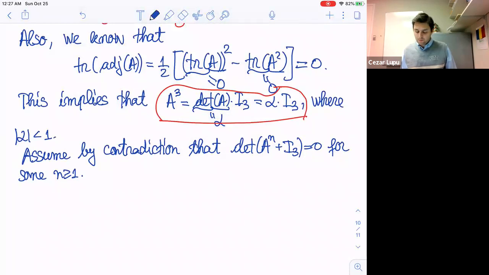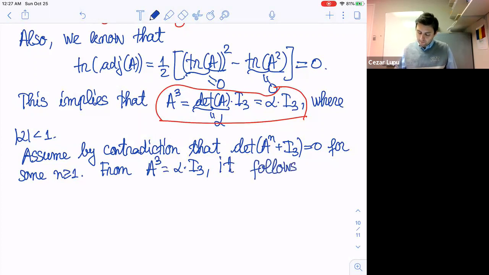Well, if we raise to the power n, it follows that A to the power 3n is alpha to the n times the identity.